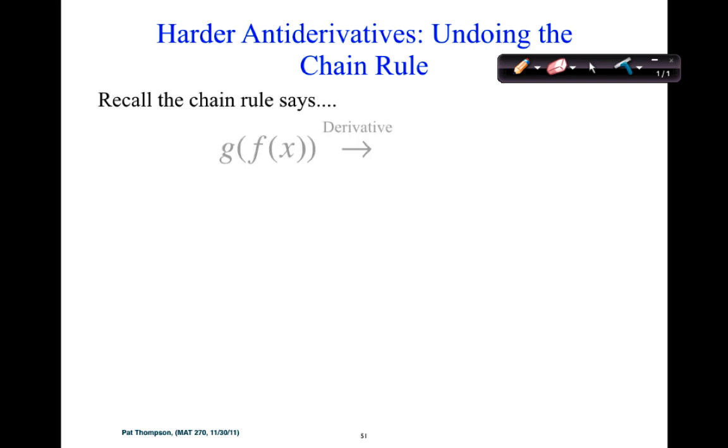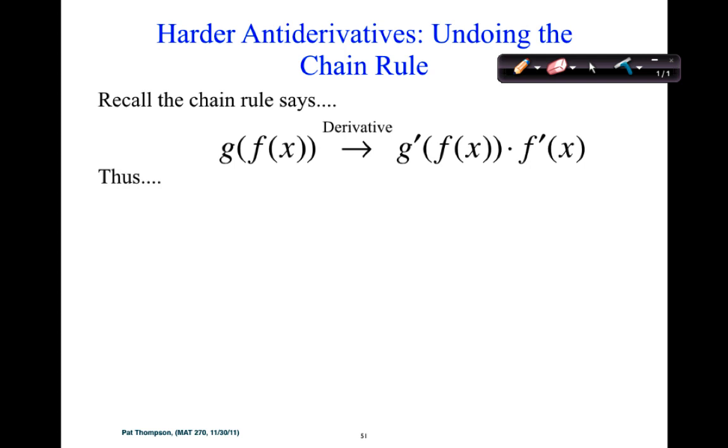Recall the chain rule says that if you have a function like this, its derivative is: the derivative of the exterior, keeping the interior as it is, times the derivative of the interior. We've got to know that inside and out, because going backwards is harder.